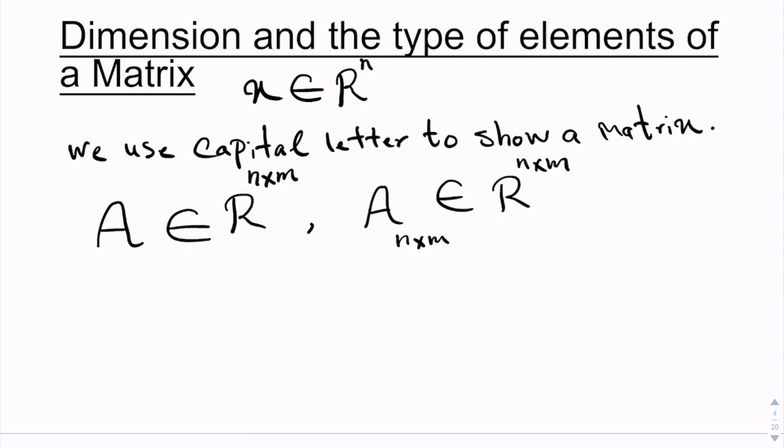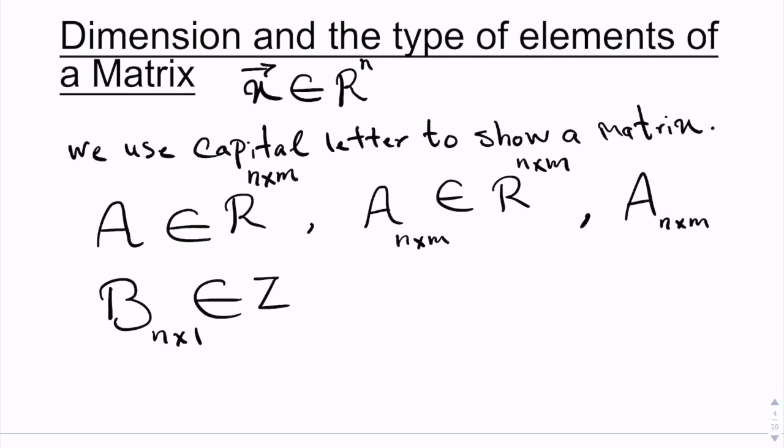This is more detailed. If we are already sure about the type of elements in a matrix, then we can simply use the short way of denoting a matrix, n times m. Note that we can also have a vector as a matrix. So if I say, for instance, B is an n by 1 matrix of, let's say, integer numbers, that means B is a vector.